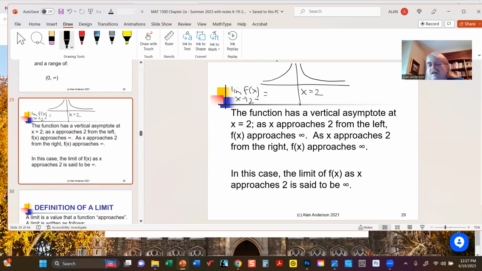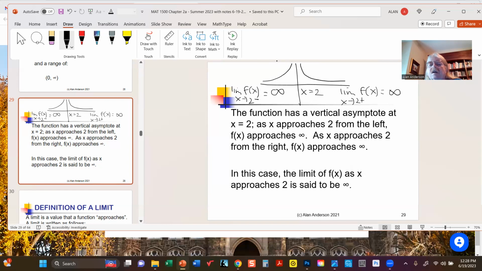Where is it going? As we get closer and closer to 2, the function is converging to infinity. Same thing from the right. The curve goes up and up and up forever. It's also infinity.